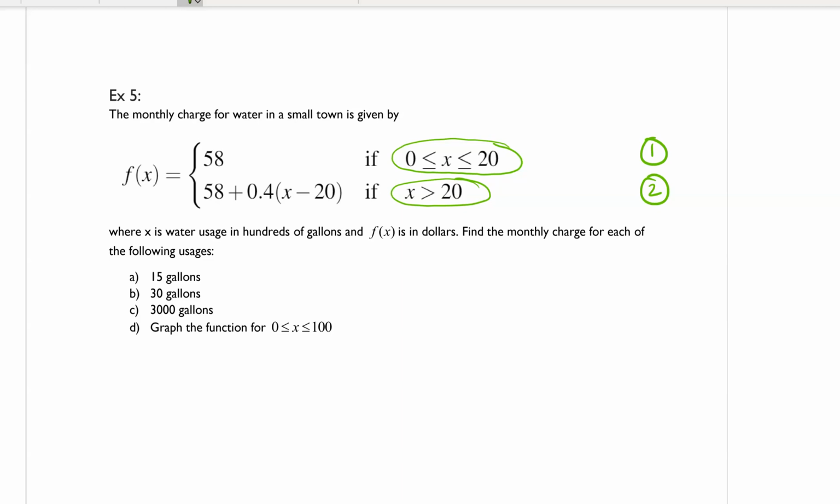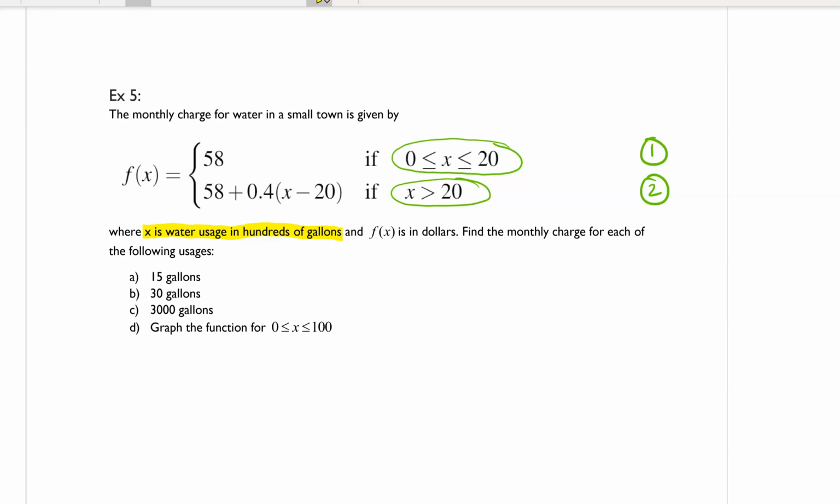Now, something you're going to want to pay attention to is one of those trap holes that they give you in these word problems. Pay close attention to the fact that x is water usage in hundreds of gallons.